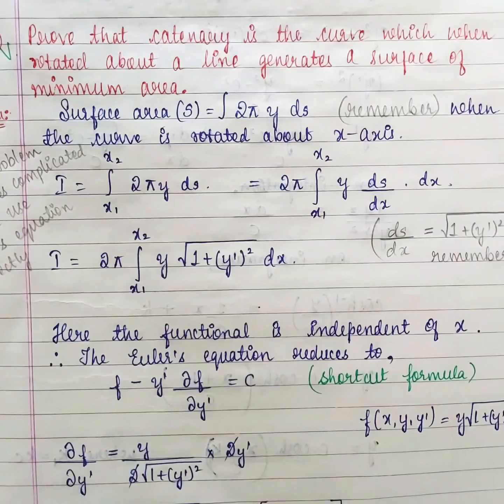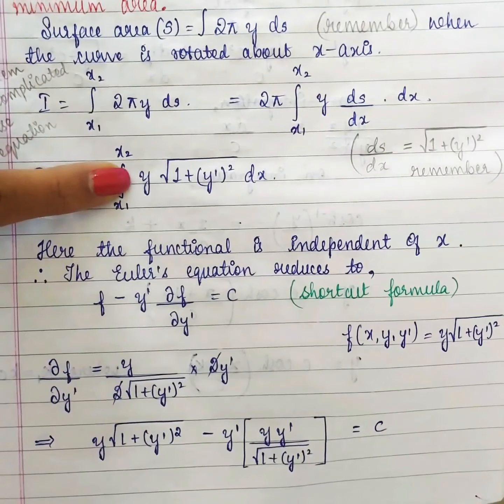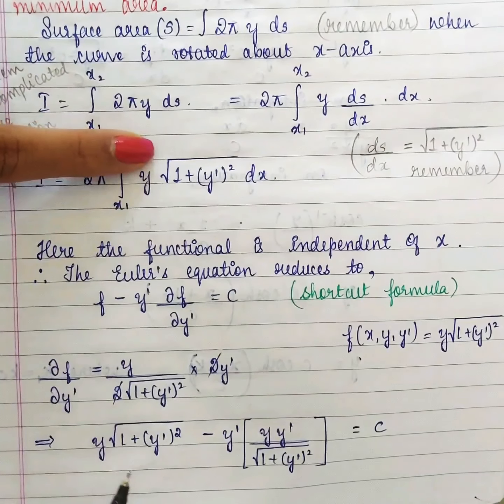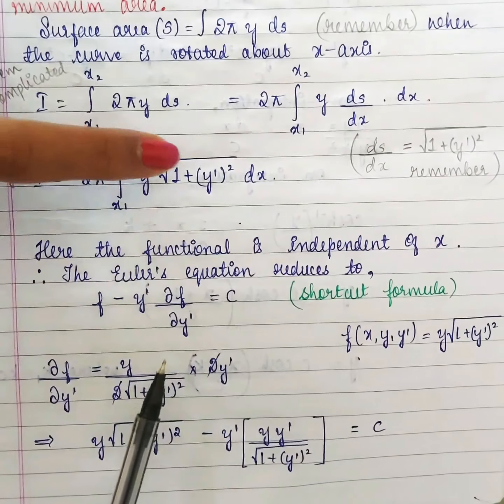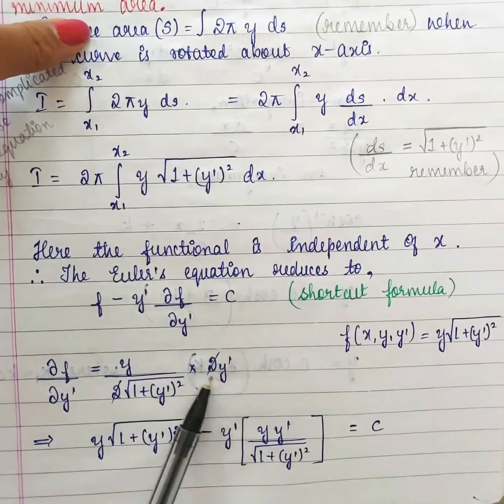Now del f by del y dash, we are going to differentiate the function with respect to y dash. So y is just a constant. I am writing this y as it is, and for root of something, if you differentiate, we write 1 by 2 root into the differentiation of that value.